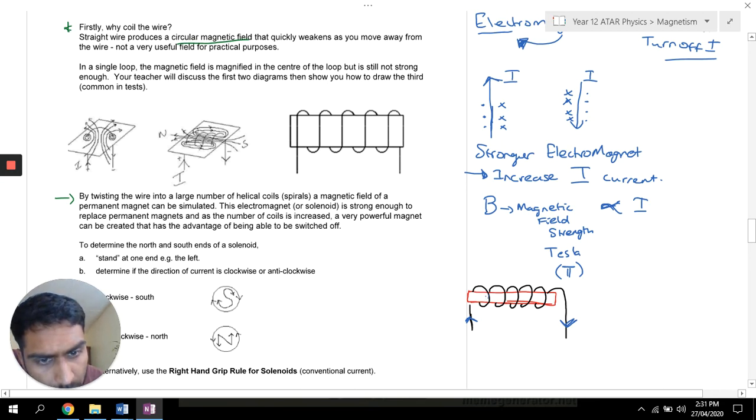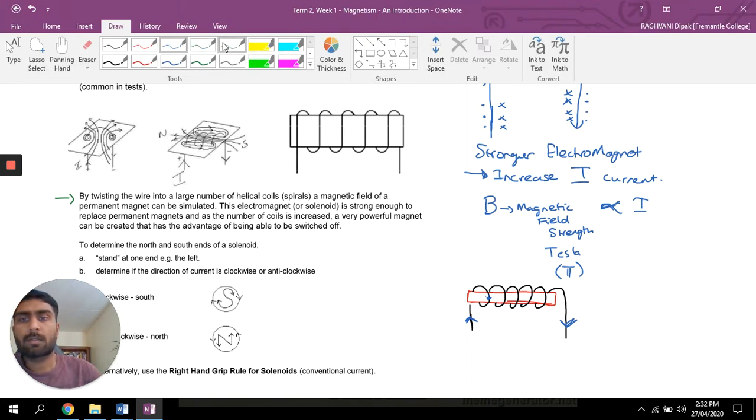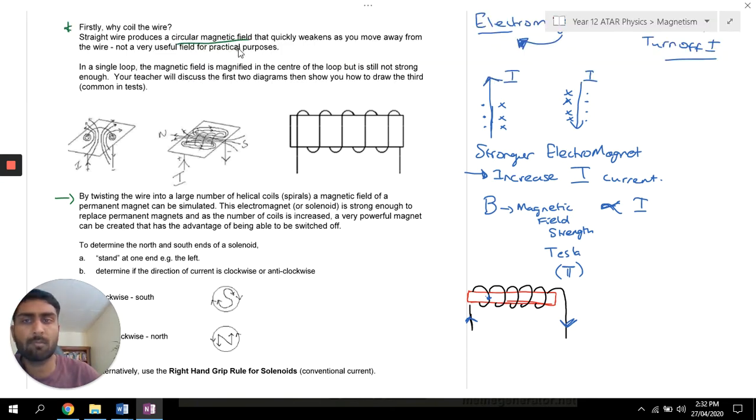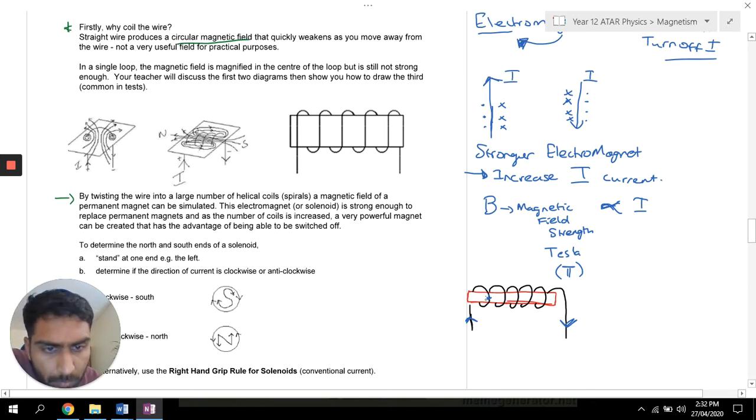The current is going this way, downwards, and we're seeing this side of the solenoid. Maybe we'll draw it in gray. You can agree with me that you will have a circular magnetic field around all of these wires on this one side.